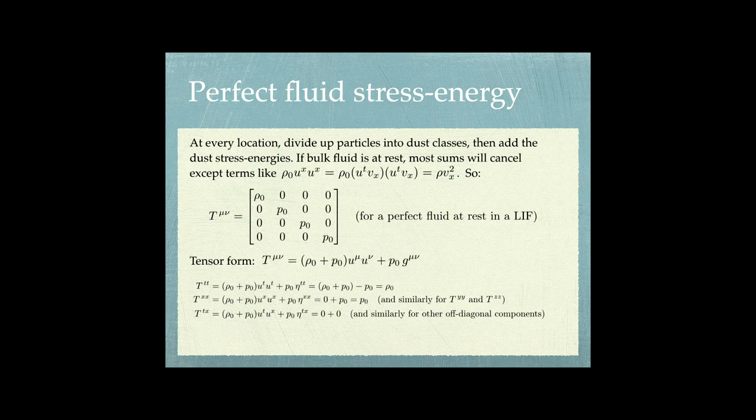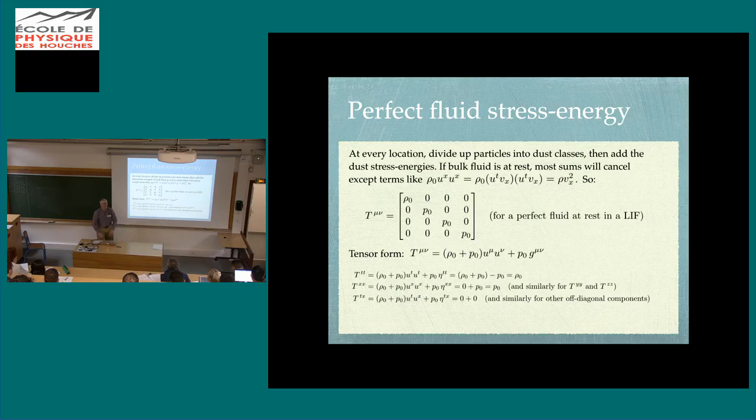So of course, real fluids are not like dust. Real fluids have random velocities. And so if you take a small region, you can't say all the particles are moving together. They're moving about randomly. But what you can do is build that up by subdividing all your particles into classes where all the particles are moving together.